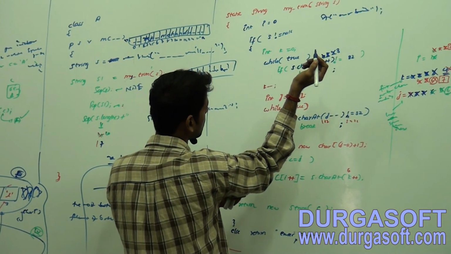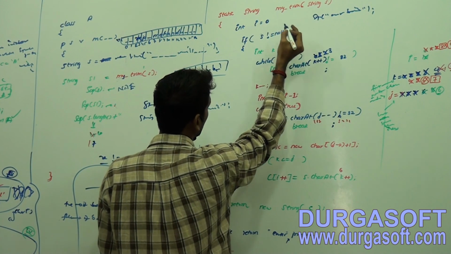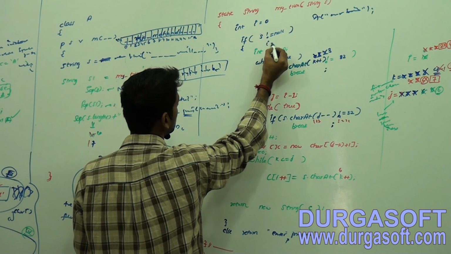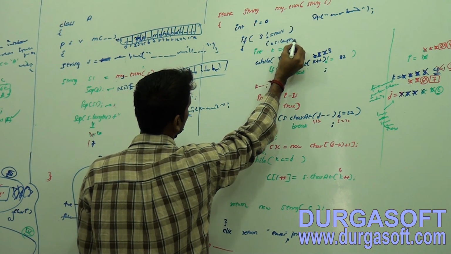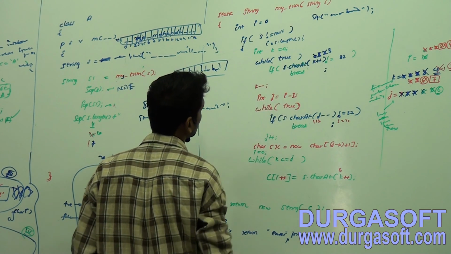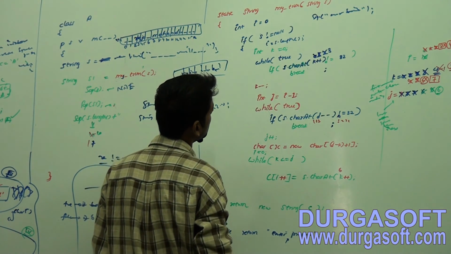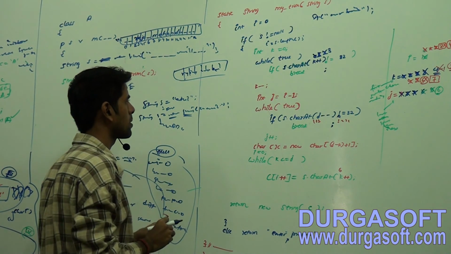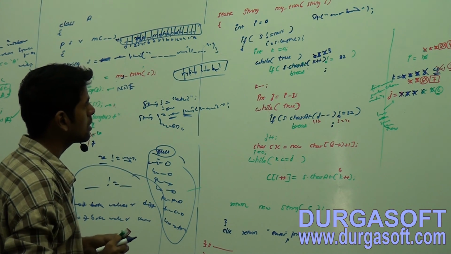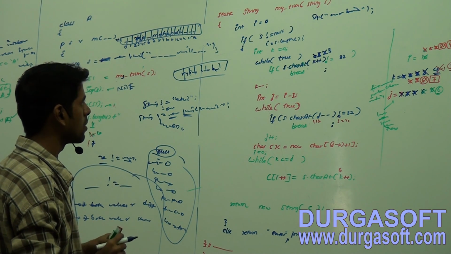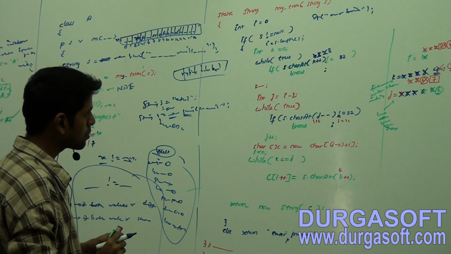Now find i equals to s dot length. Now here I'm having one small trouble. I think I'm having one small trouble. Okay, 0 minus 1.